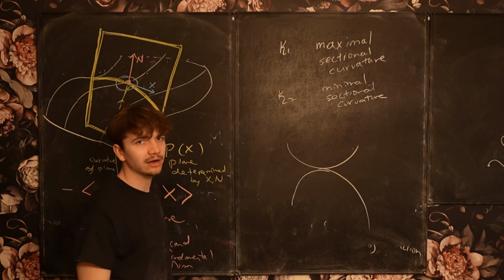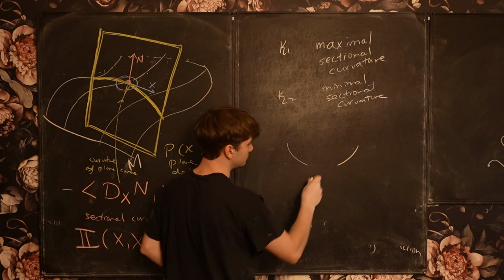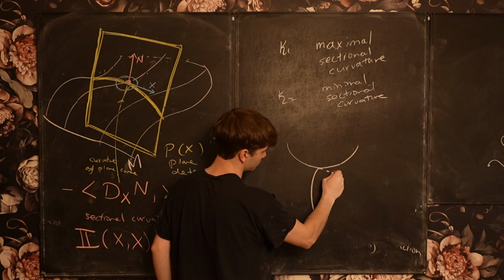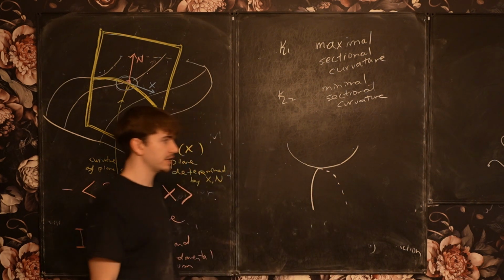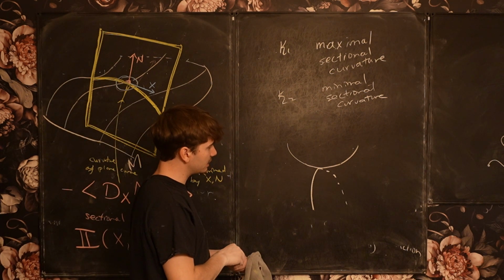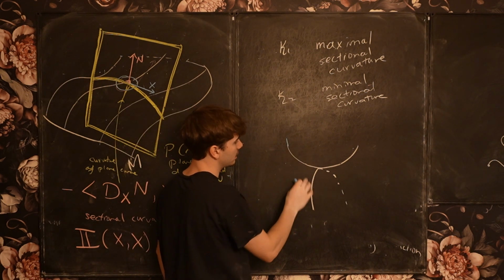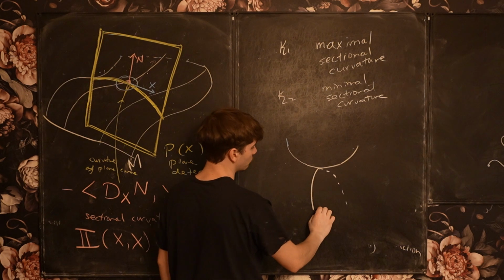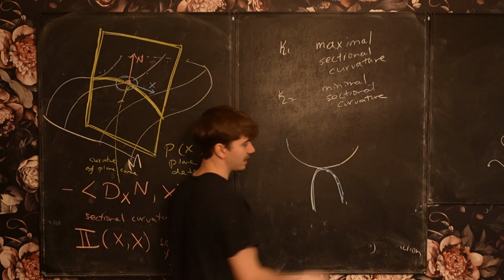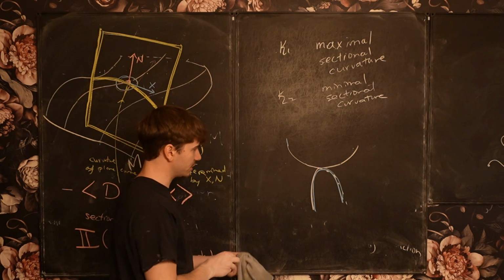I'm pretty bad at this, this is hard to draw. Okay, so I have a saddle, and the maximal sectional curvature is going to be, I believe, the downward part of this saddle here.